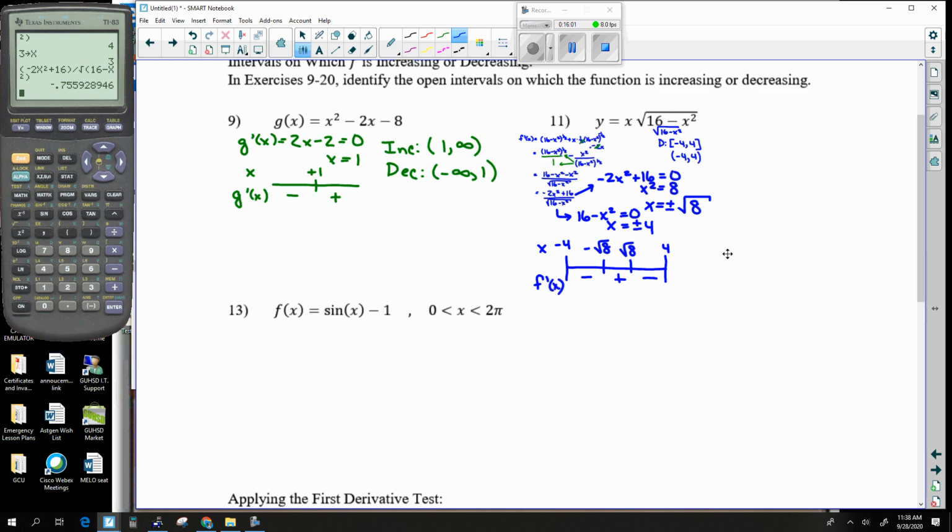All right, here we go. Answer time. So this is increasing from negative root 8 to root 8. This is decreasing from negative 4 to negative root 8, and from root 8 to 4.